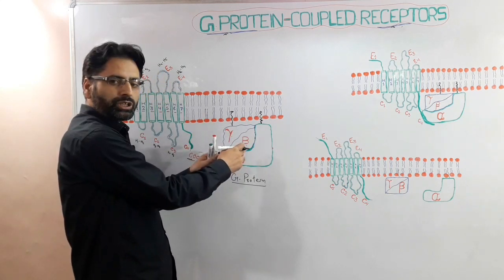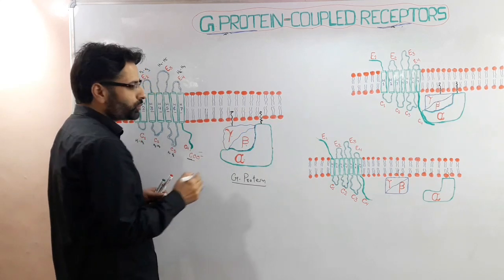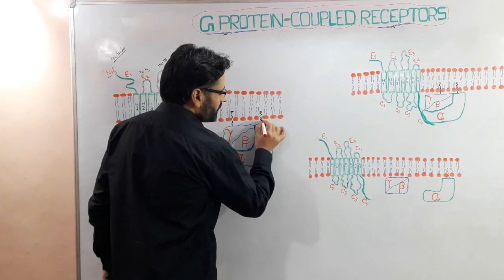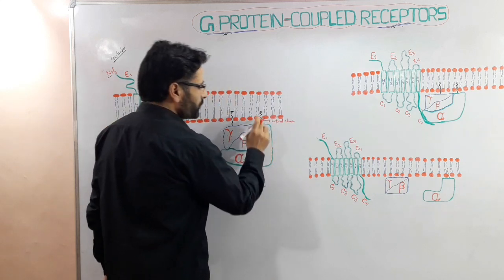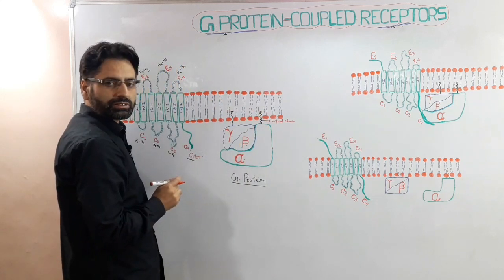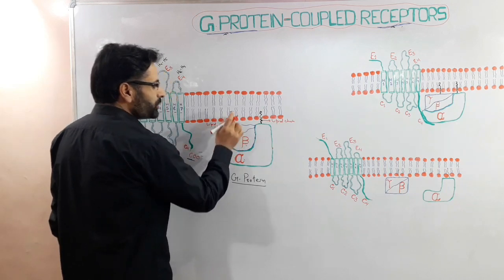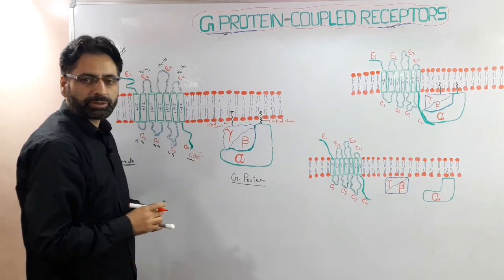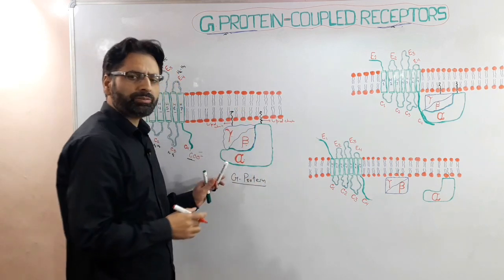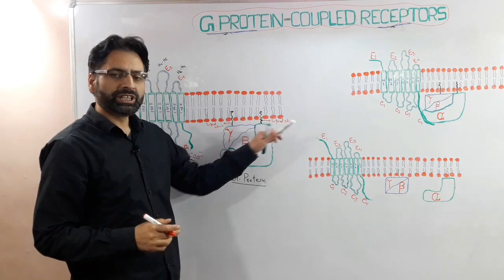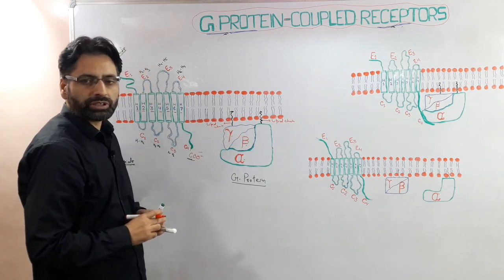This heterotrimer is attached to the inner leaflet of the plasma membrane through 2 lipid chains. This lipid chain binds the alpha subunit to the inner leaflet of the plasma membrane. Similarly, we have another lipid chain that binds the gamma subunit to the inner leaflet. You can say this G protein binds to the inner leaflet of the plasma membrane through these 2 lipid chains, one connected to the alpha subunit and another connected to the gamma subunit.